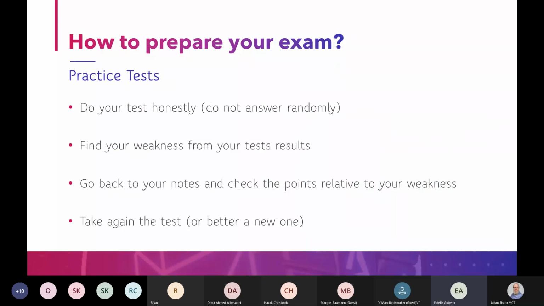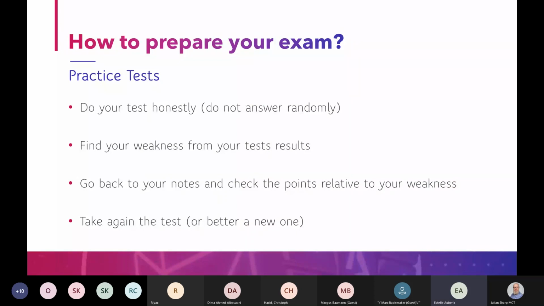And especially when you do the first test, do not answer randomly. Leave the answer blank, like you don't know the answer, because in this way you will be able to know that, okay, this is a leak in my knowledge, I have to go back to this point.